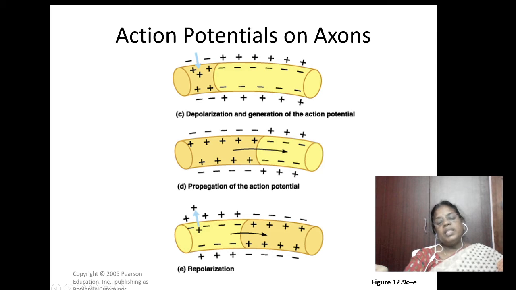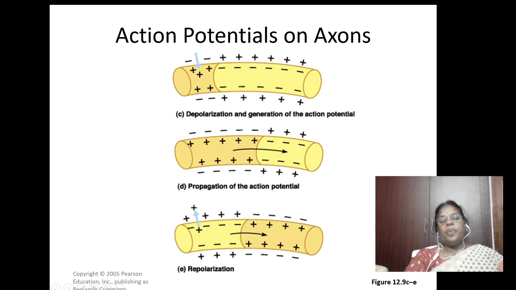Whenever this impulse is transmitted to the next step, the other part of the axon takes up the charges again as before. That means outside positively charged, inside negatively charged. So this part is named the repolarized part. This is a repolarization.